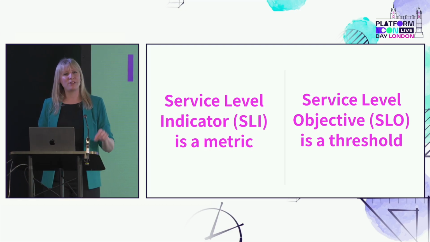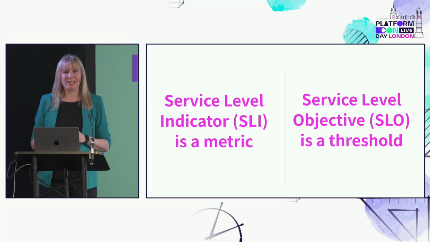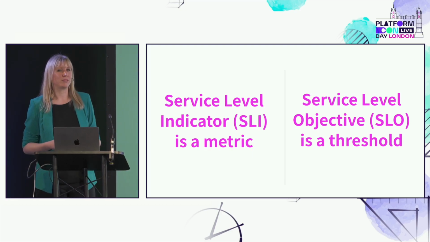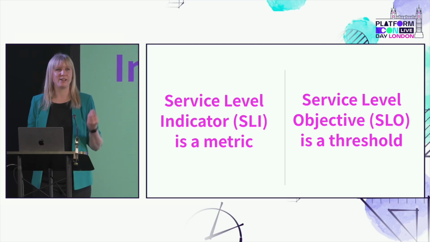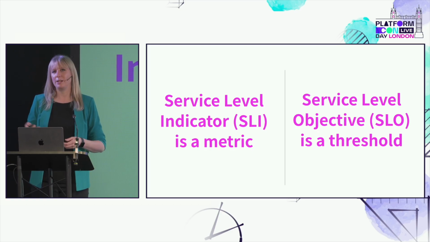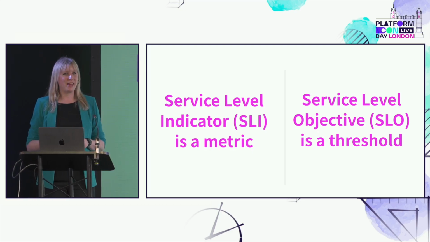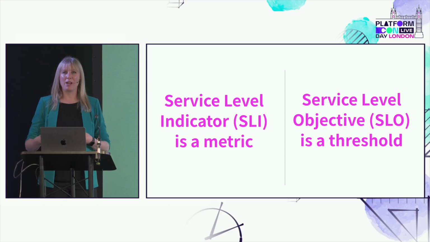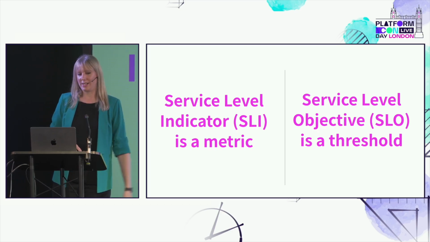And how can we measure the success of that? A service level objective is a threshold, and it's quite often expressed in terms of a number of nines, like 99% or 99.9%. But basically, this is your target. This is the percentage of time that you succeed in meeting your users' needs as described by your service level indicator.